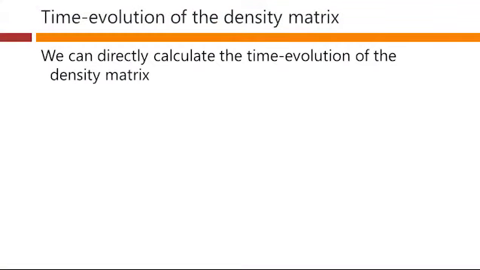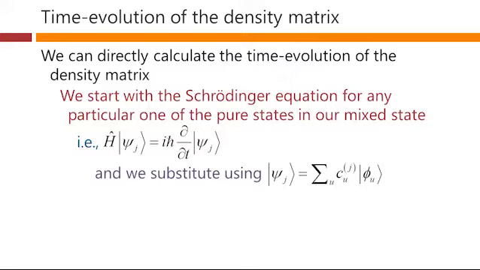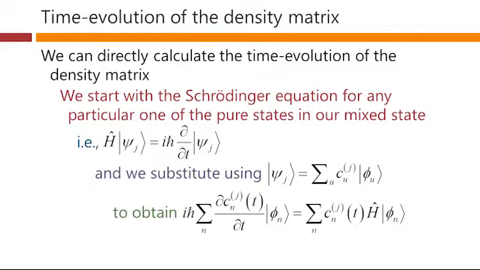We can directly calculate the time evolution of the density matrix. We start with the Schrödinger equation for any particular one of the pure states in our mixed state. So for example, for some specific pure state psi j, here's our Schrödinger equation as usual, and we can substitute using our expansion of this pure state in our basis of interest here.